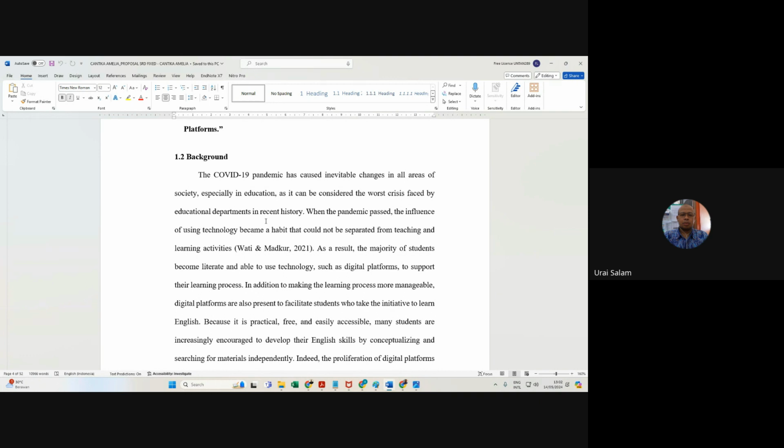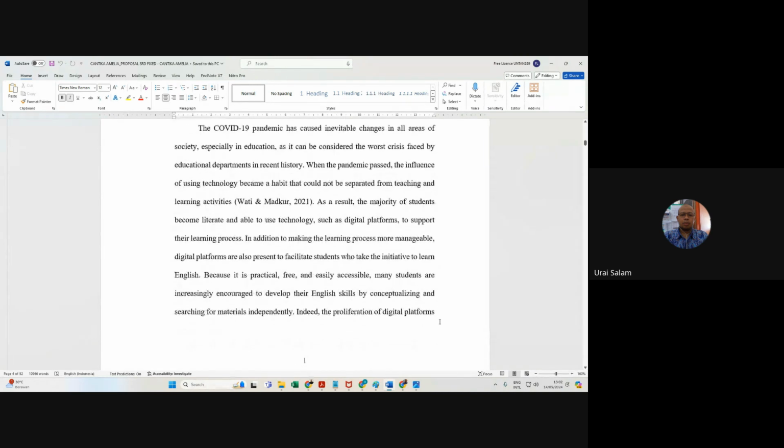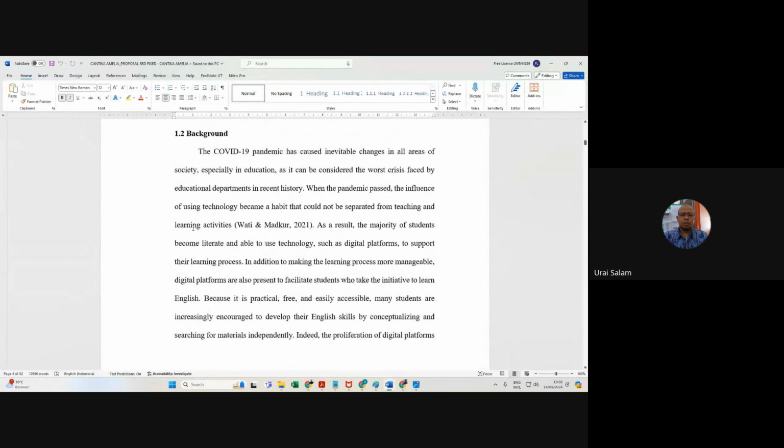So I think it's better to start from, for example, that technology is now very accessible, very easy to access. You can mention COVID, of course, perhaps just as the starting point, when you want to talk about the very big difference between before and after COVID-19.